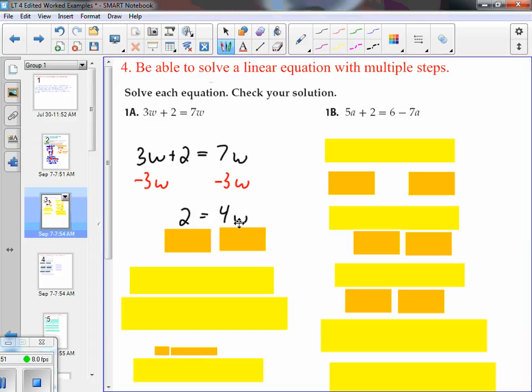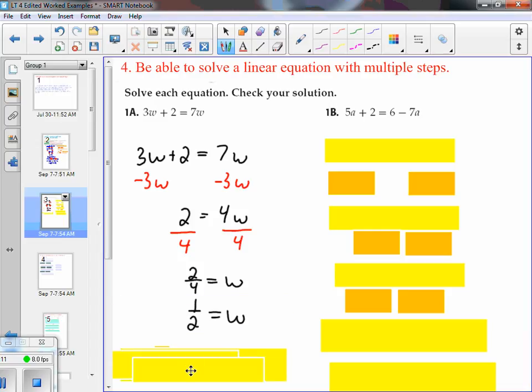Well, then, get the w by itself by dividing by 4. We divide both sides by 4. On the right side, 4 divided by 4 is 1, leaving us with a w. And on the left side, I could write 2 over 4, but what's better? 1/2, 0.5. I wouldn't count 2 over 4 wrong, because it's not wrong, it's just not simplified.